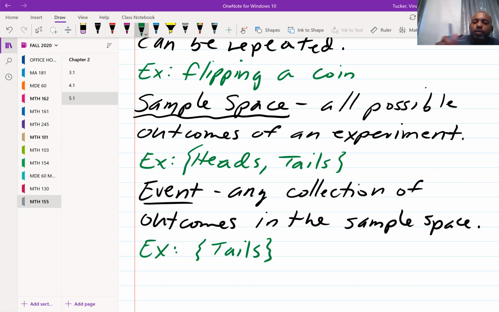Then you got your event, any collection of outcomes in the sample space.